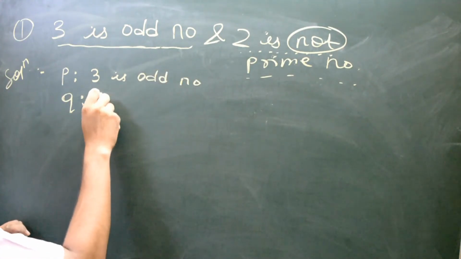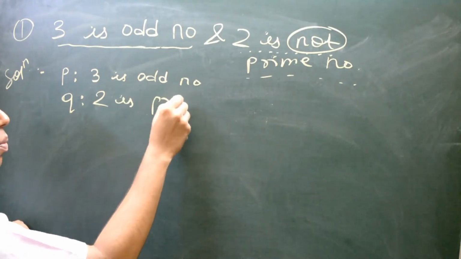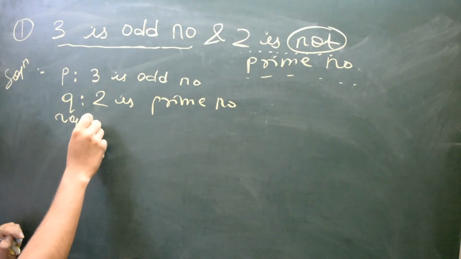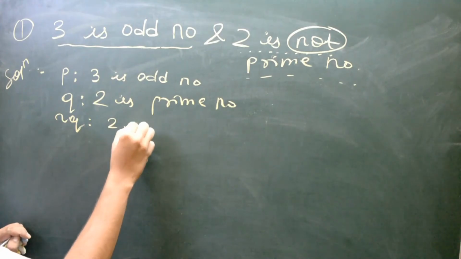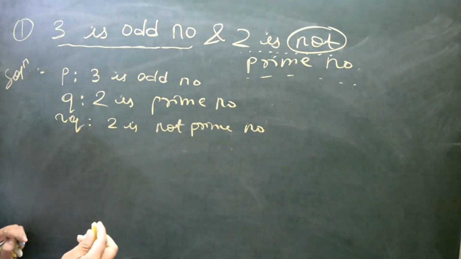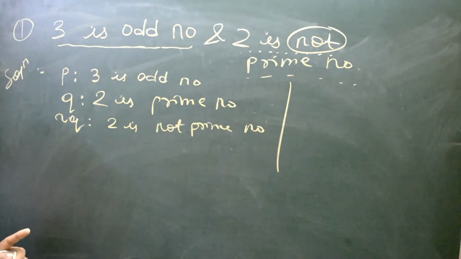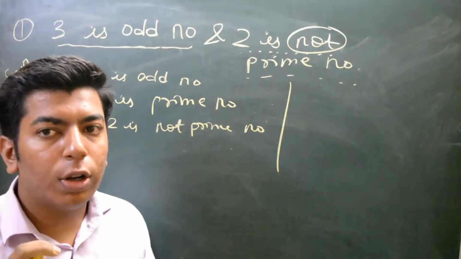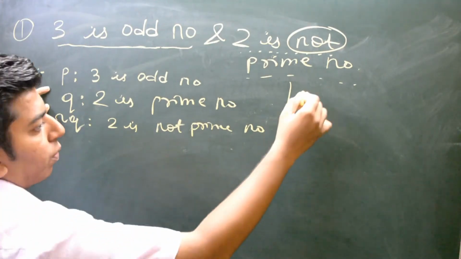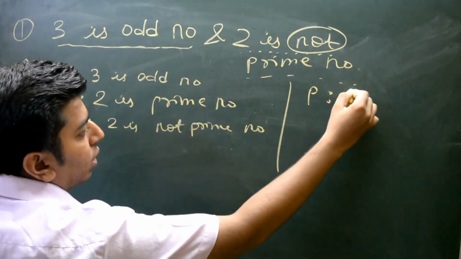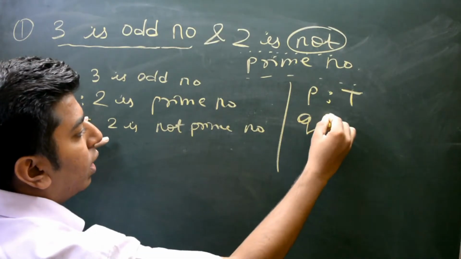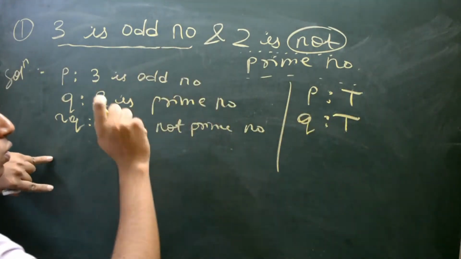So here Q is 2 is a prime number and negation Q is 2 is not a prime number. Now tell me the truth value for P and Q. The value of P is T because 3 is an odd number, and the value of Q is also T because 2 is also a prime number.